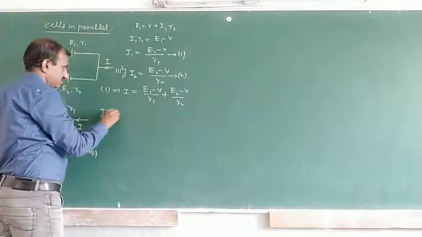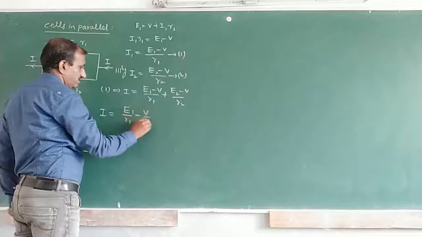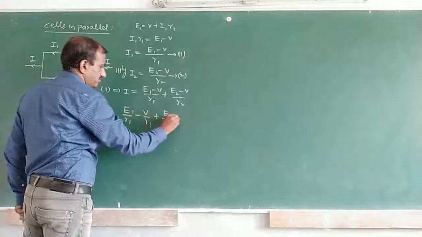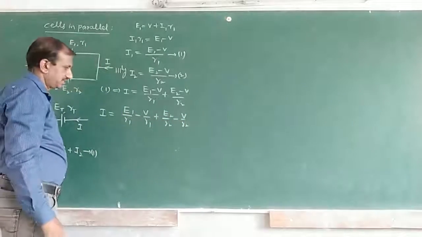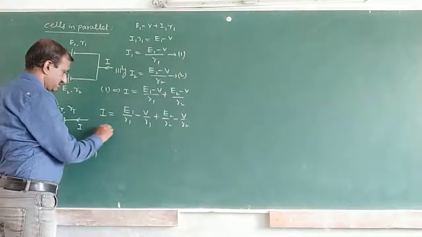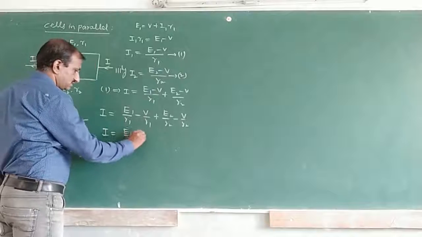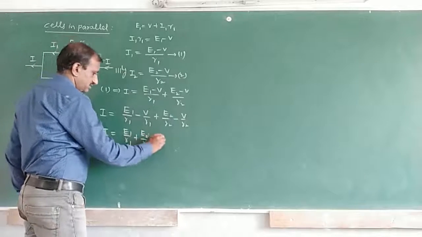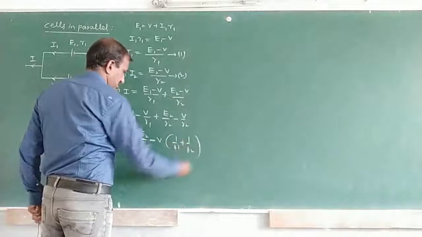I is equal to E1 by R1 minus V by R1 plus E2 by R2 minus V by R2. By rearranging the terms, I is equal to E1 by R1 plus E2 by R2 minus V into 1 by R1 plus 1 by R2.